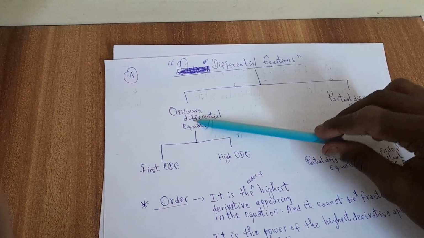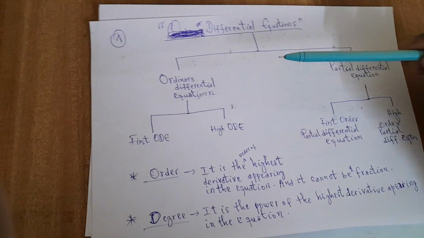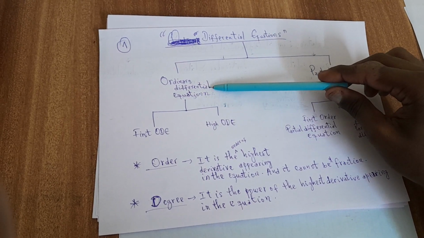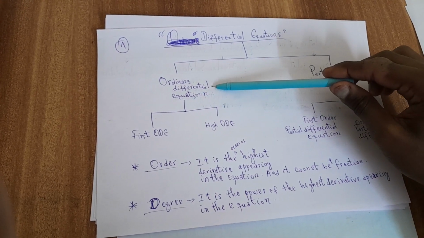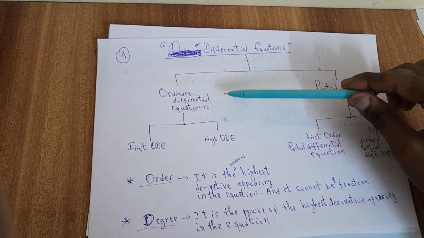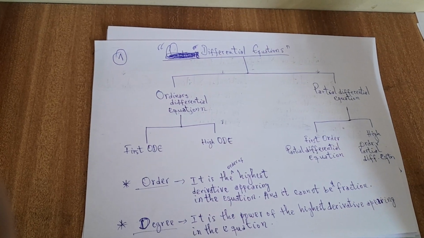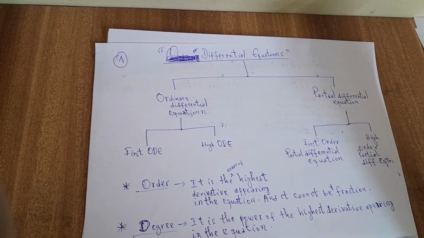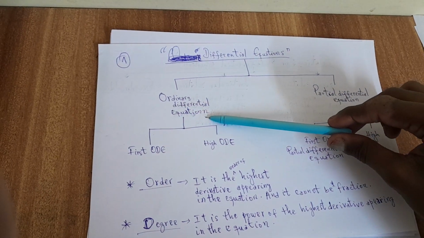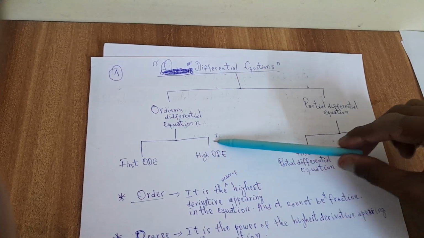When do we have an ordinary differential equation? When we have only total derivatives, like when we have only one variable to be differentiated, we call it an ordinary differential equation.